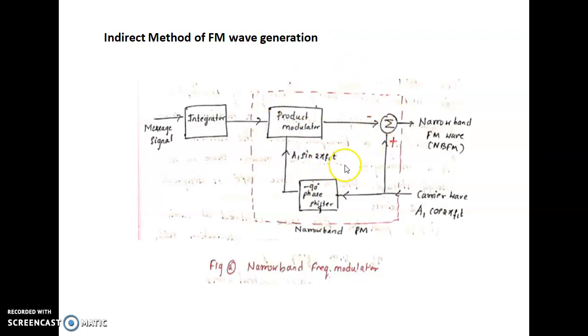These three components you require to do phase modulation. Your integrated version of the message signal will modulate the phase of this carrier wave to generate a narrowband FM wave. Look at this. This is your carrier wave signal. To generate this, you require an oscillator.